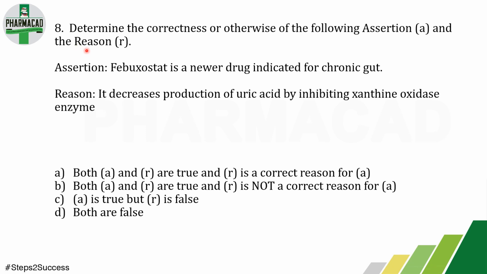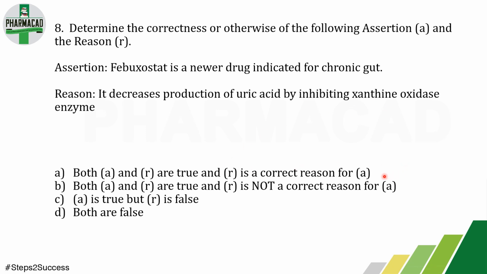Next question. Determine the correctness or otherwise of the following assertion and reason. The assertion says that febuxostat is a newer drug indicated for chronic gout. The reason they say is it decreases the production of uric acid by inhibiting xanthine oxidase enzyme.